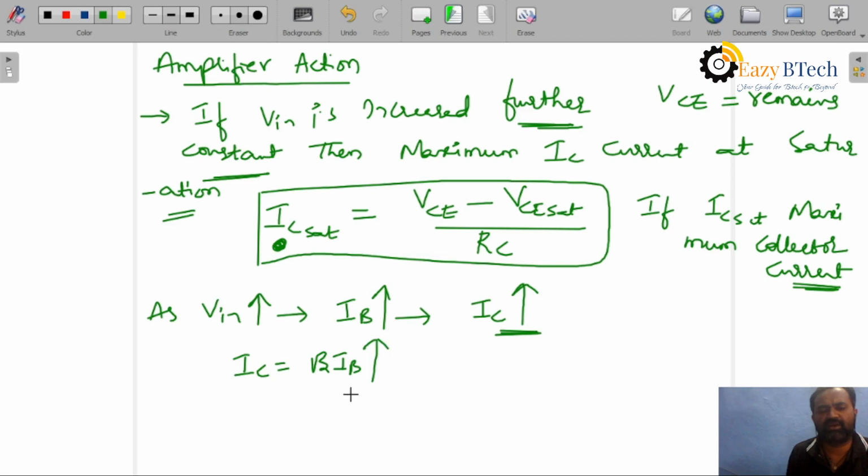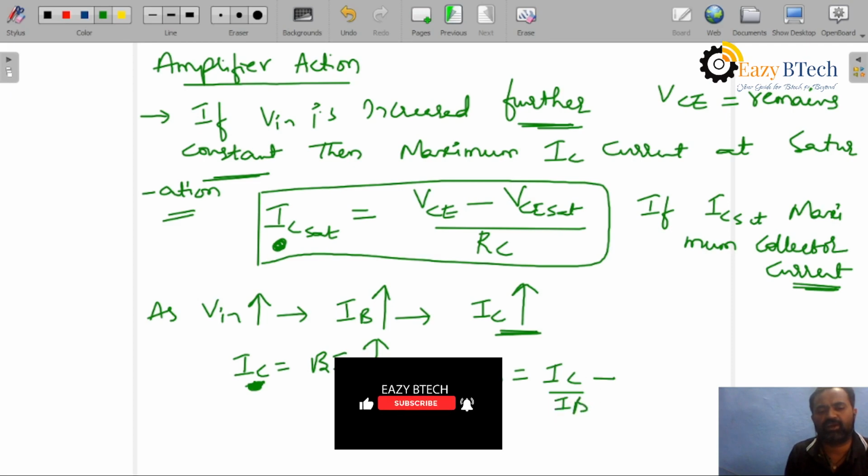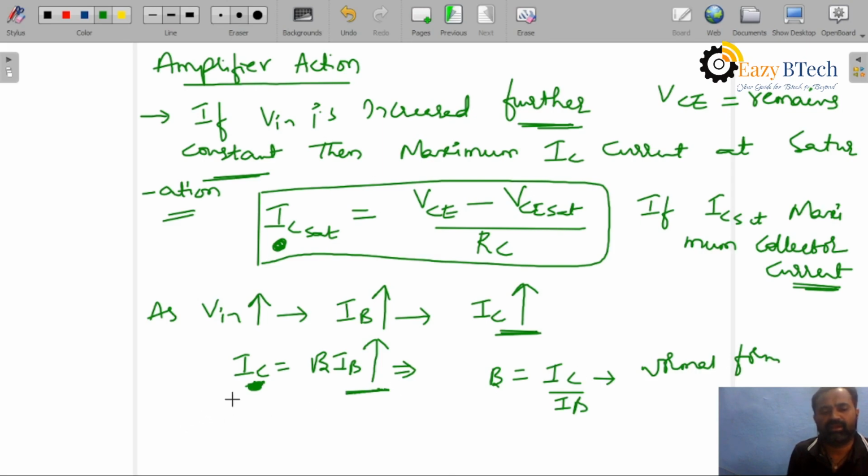As beta goes on increasing, then it is not equal to this IC. Now this condition is not satisfied. This condition we will write as beta is equal to IC by IB, it is a normal form. In this case IC is less than beta IB. As beta increases further, as IB base current increases, then IC becomes less than beta into IB.